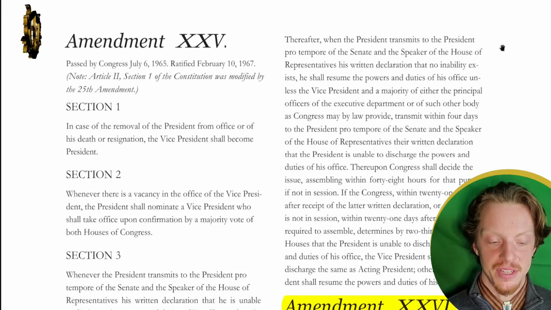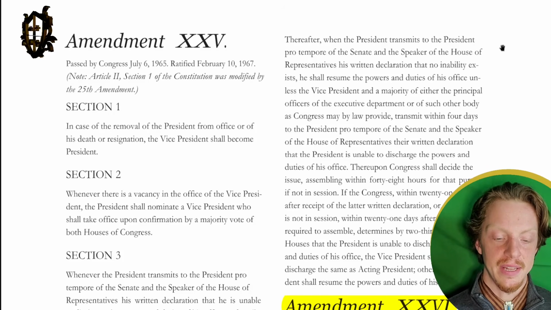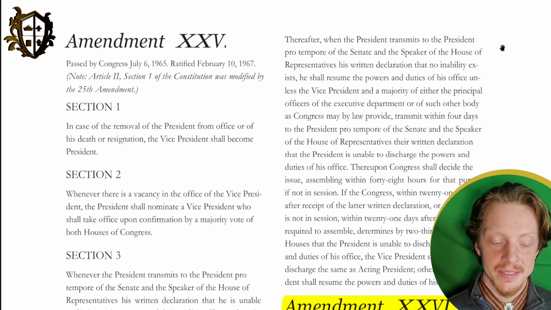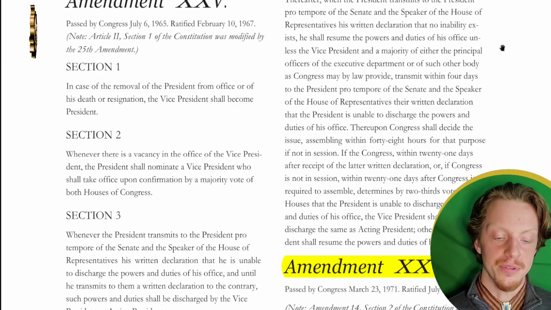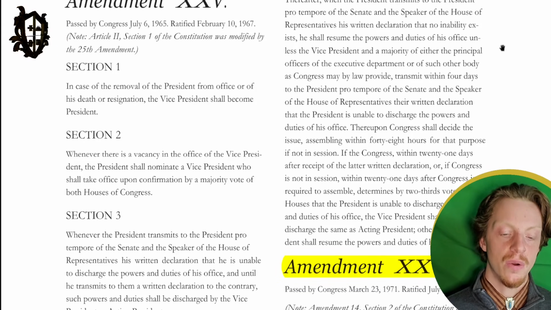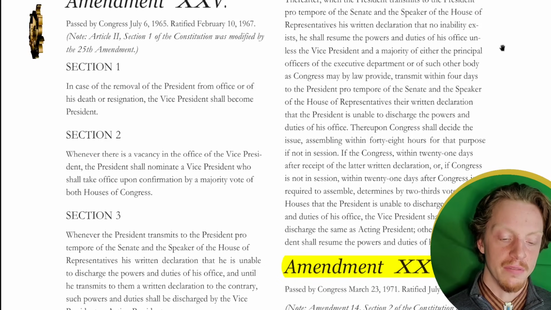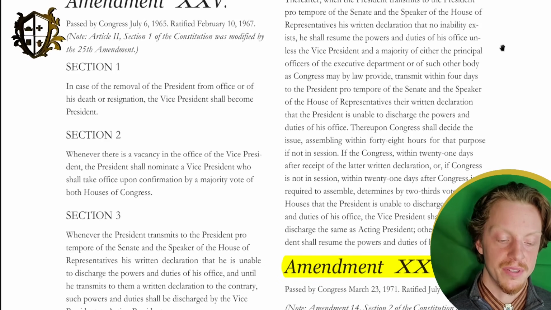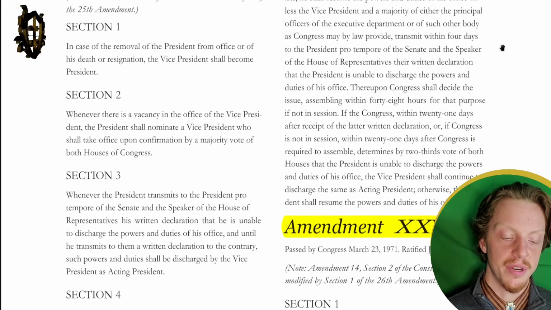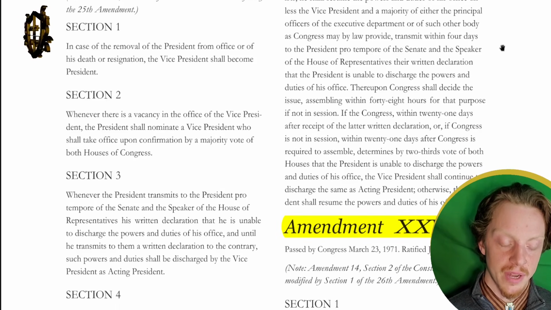Thereafter, when the President transmits to the President pro tempore of the Senate and the Speaker of the House of Representatives his written declaration that no inability exists, he shall resume the powers and duties of his office unless the Vice President and a majority of either the principal officers of the executive department or of such other body as Congress may by law provide transmit within 4 days their written declaration that the President is unable to discharge the powers and duties of his office.